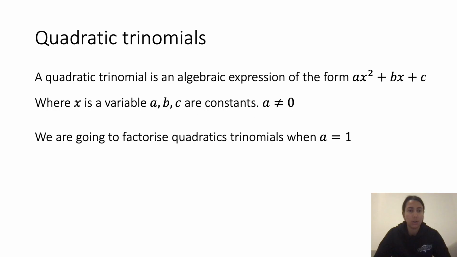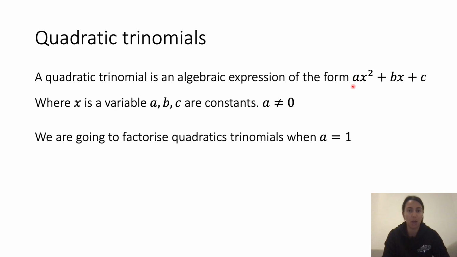Now we're going to get into quadratic trinomials. So a quadratic trinomial is an algebraic expression that's in this form here: ax squared plus bx plus c. x is your variable, so x is our unknown value that we don't know yet. And a, b, and c are constants. So what that means is they will have some sort of value when we look at our examples.